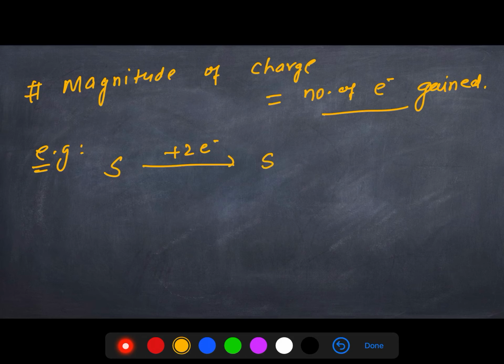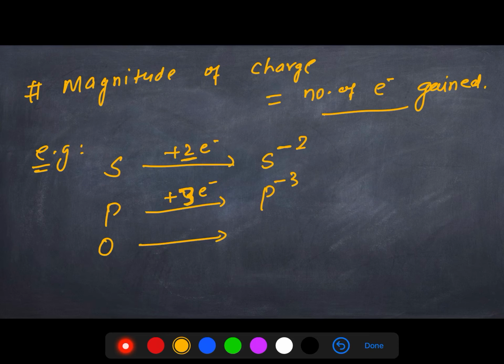So let's quickly take some examples. Suppose that sulfur gains 2 electrons. Since it is gaining, the first thing that is clear to us is that it will develop a negative charge. How much negative charge? Equal to the number of electrons gained, minus 2, right? If phosphorus gains 4 electrons, sorry, 3 electrons, it will become minus 3, right?